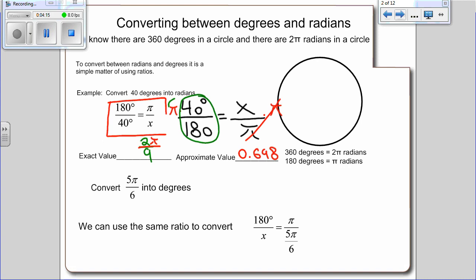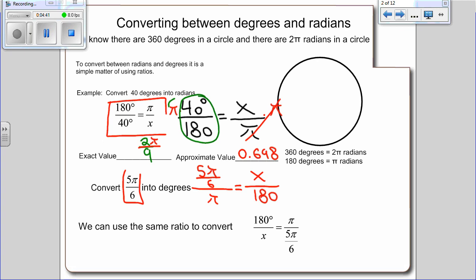Alright, we're going to try that one. So we're going to go the other way around. We're going to convert 5 pi over 6 radians into degrees. To do that, I put what I want to convert on the top. So I have 5 pi over 6, divided by pi equals, I don't know, over 180.